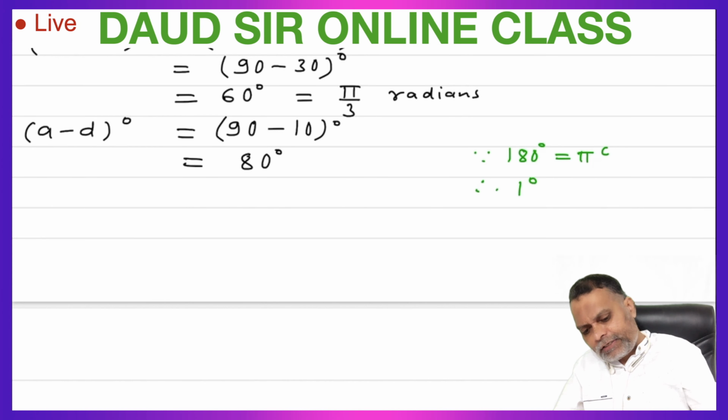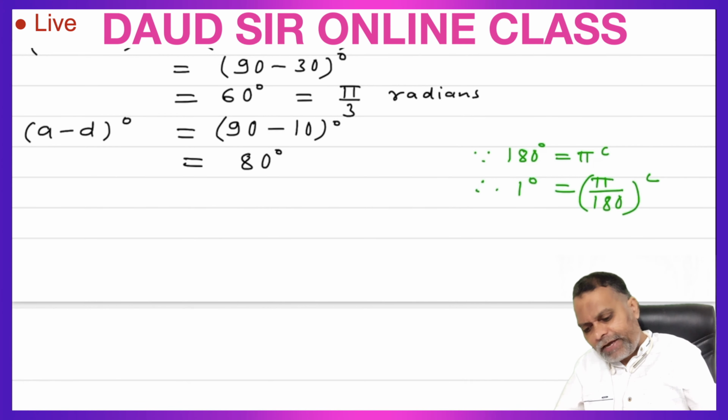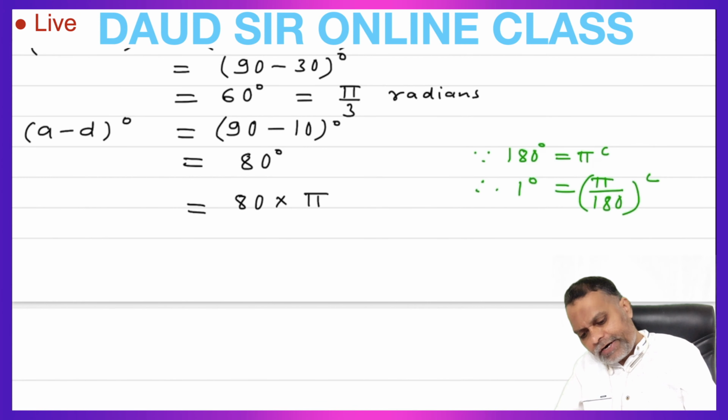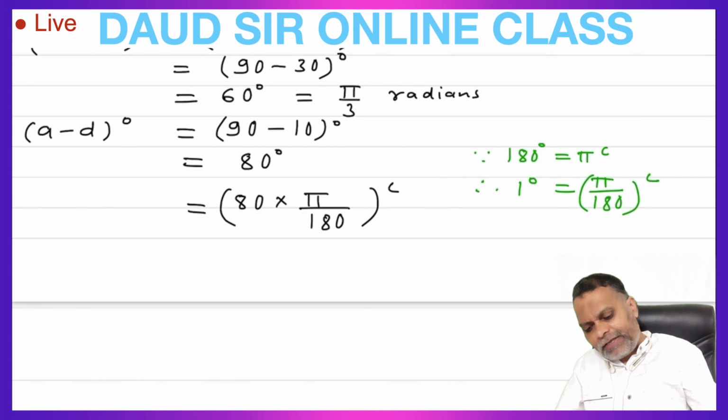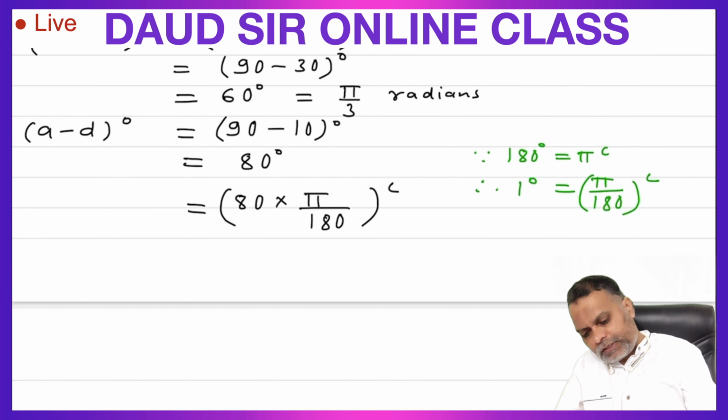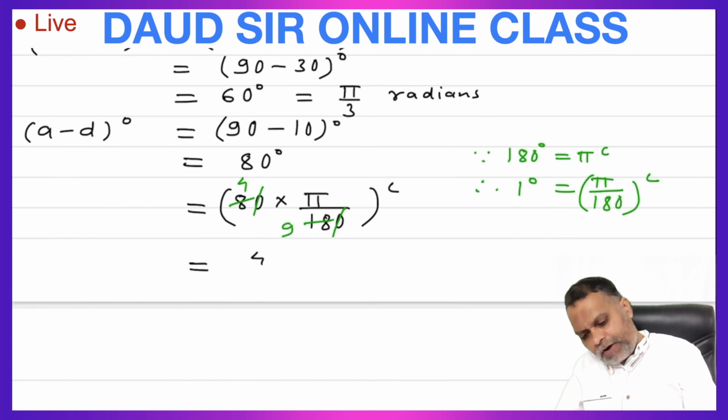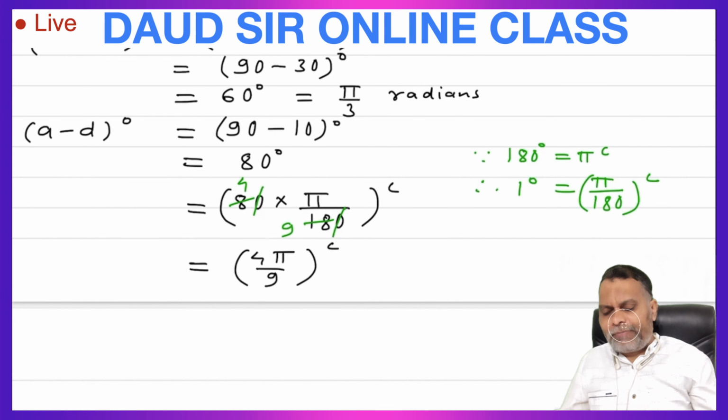So therefore 1 degree is equal to pi by 180 radians. So 80 degree is equal to 80 into pi by 180 radians. Simplify this: 0 cancelled, 2 4s are 8 and 2 9s are 18. So we can write this 4 pi by 9 radian.